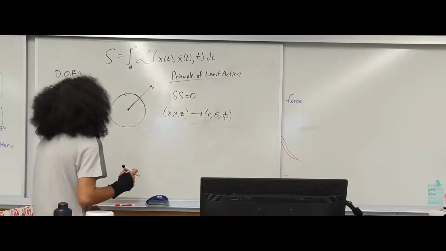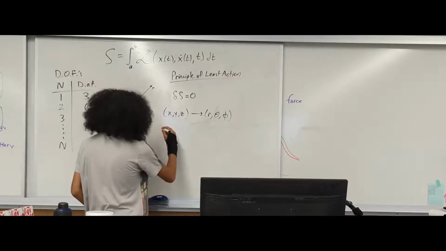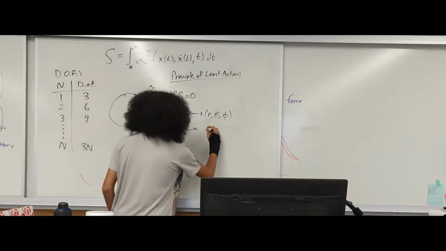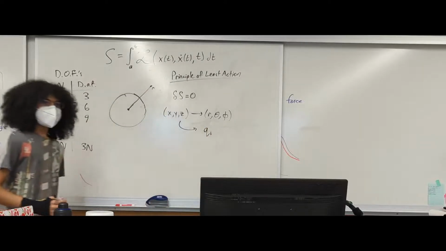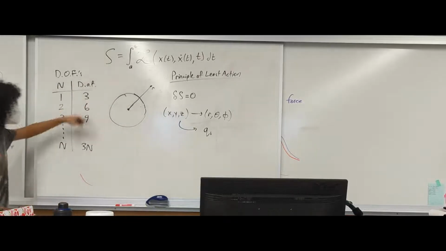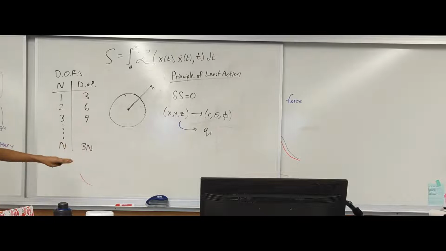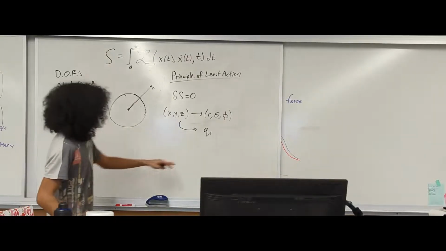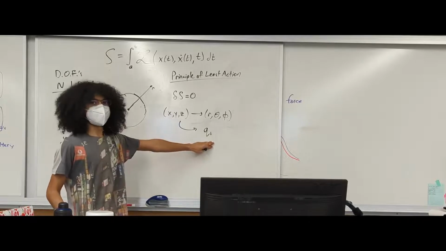So often we'll replace this by q with an index i. And this i runs over pretty much every degree of freedom, so that if you have n particles and 3n degrees of freedom, there will be 3n of these q_i's.